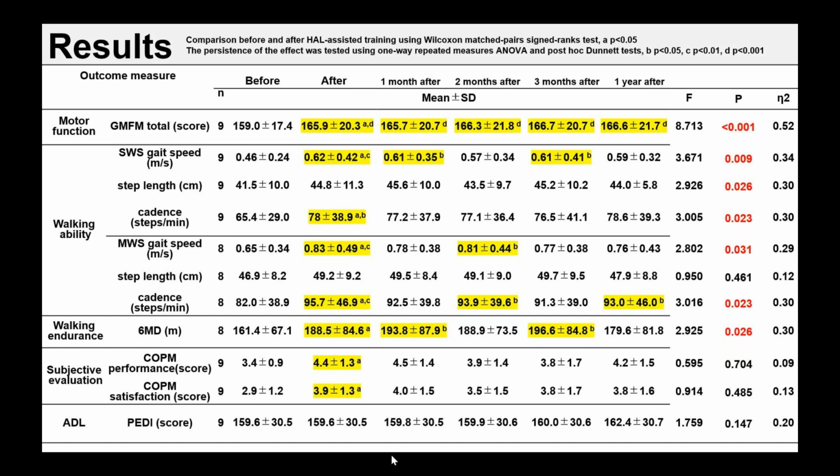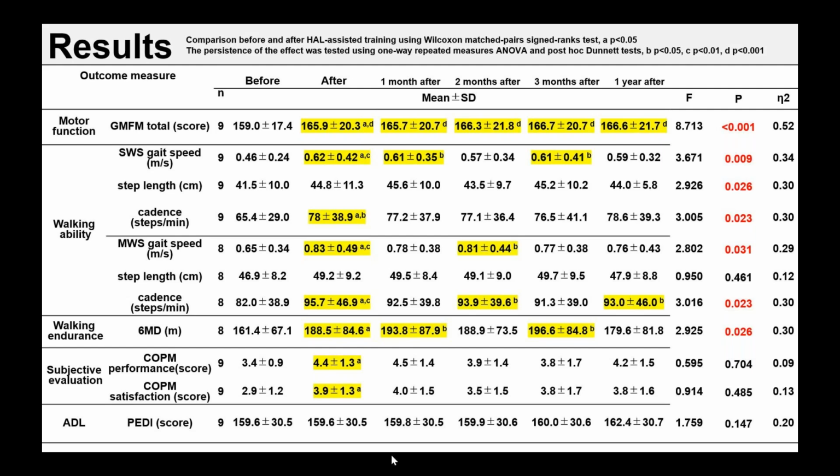Regarding the long-term efficacy of training, there were significant increases in GMFM immediately after and at the 1 to 3 months and 1 year follow-ups after the intervention. Additionally, significant improvements were noticed in gait speed immediately and 1 and 3 months after the intervention.